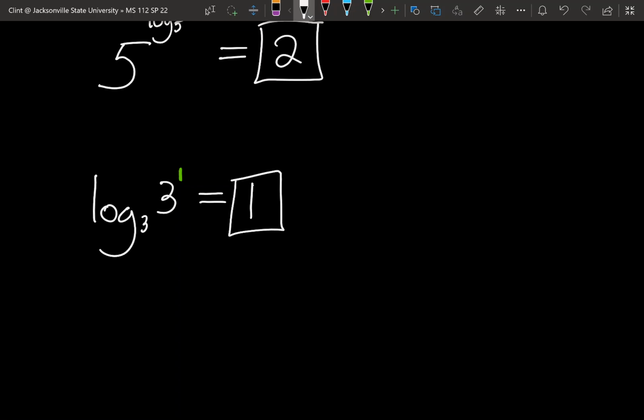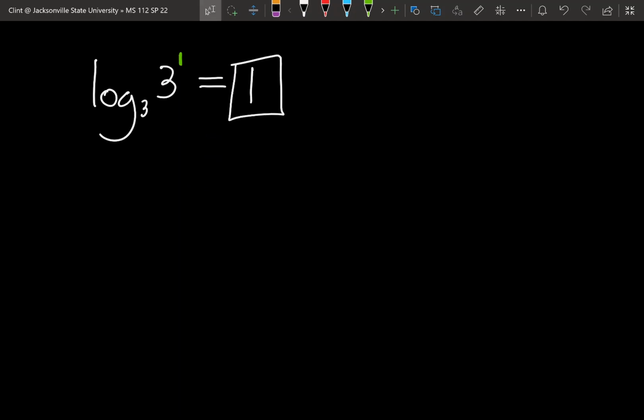Something else that helps us simplify sometimes: if we've got a log with any base of 1, we kind of already mentioned this one, but what's that going to equal? It says b, so some number to some power equals 1.